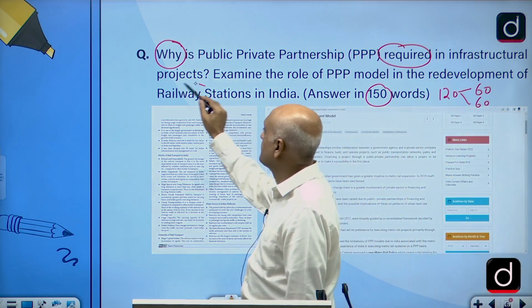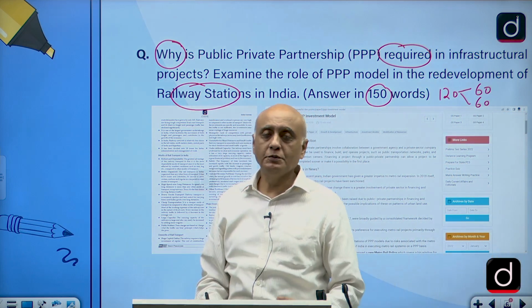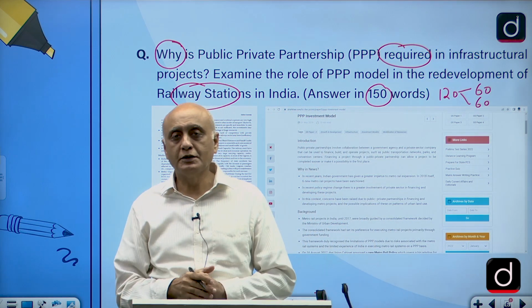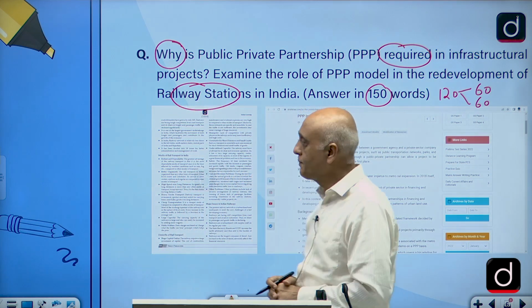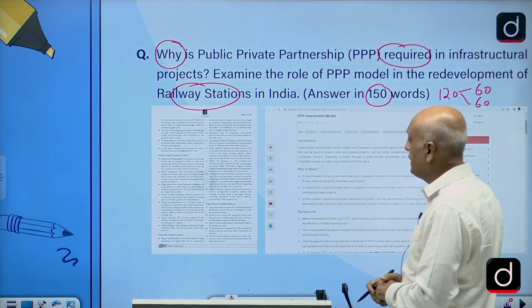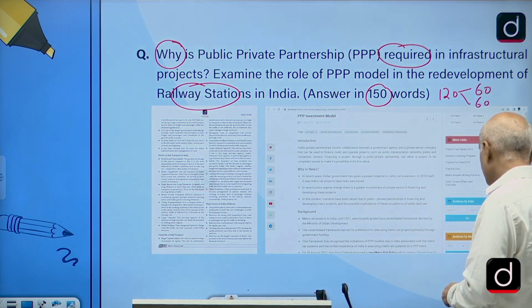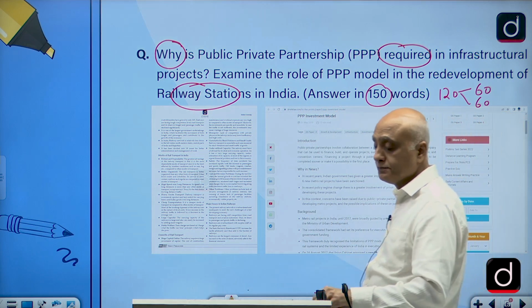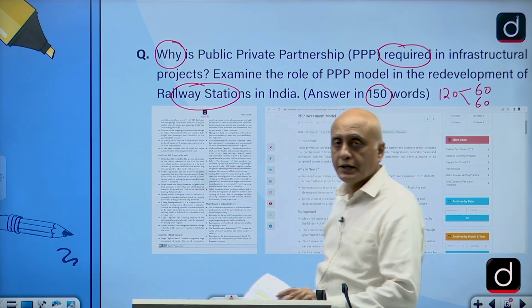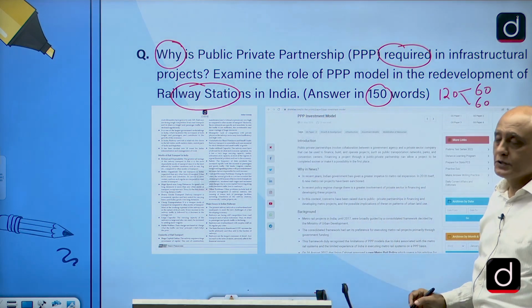So here, what role can PPP play in developing railway stations? Two areas we have in the answer. So we must cover both the areas. So when you start answering, it's always important to follow certain basic rules of answer writing.